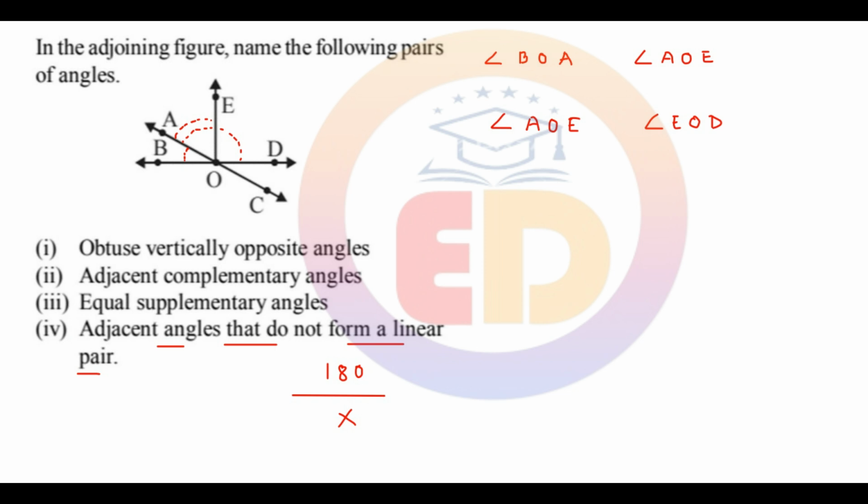Similarly आप देखिए angle EOD and angle DOC, these two angles are also adjacent angles but not forming any linear pair. Means they are neighboring angles but their sum is not 180.